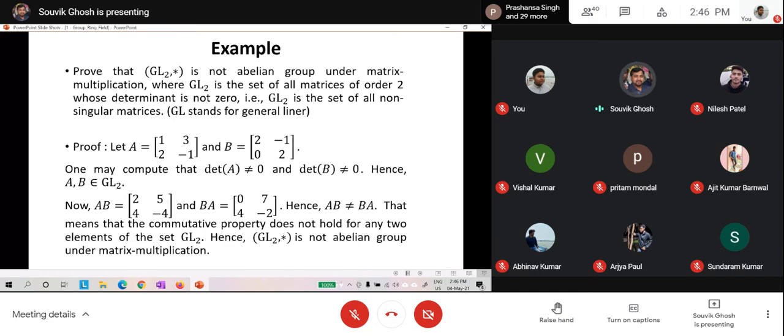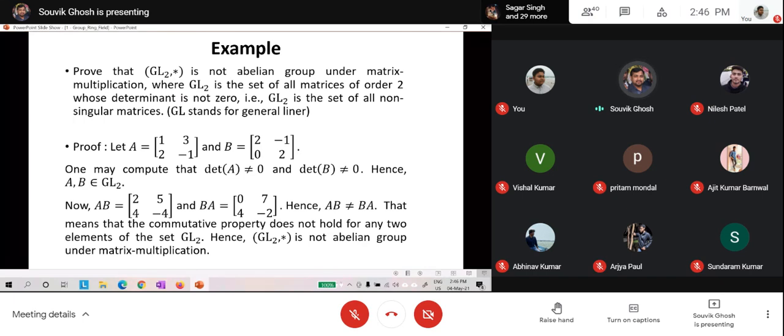I have taken 1 3, 2 minus 1 and 2 minus 1, 0 2. You can choose your own. You can check that AB gives you 2 5, 4 minus 4 and BA gives you 0 7, 4 minus 2. So AB is not equal to BA.